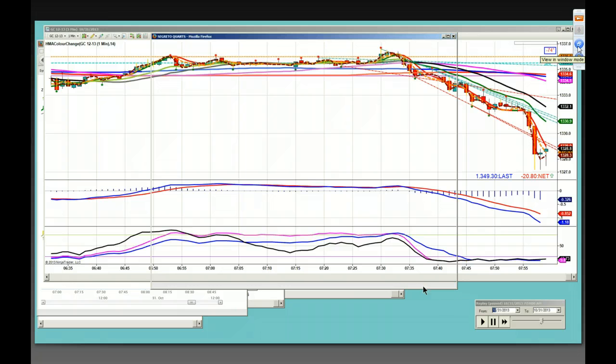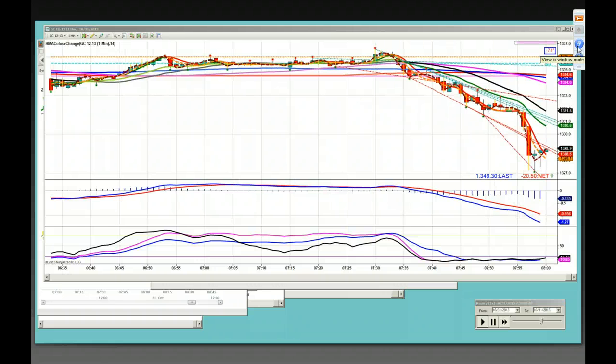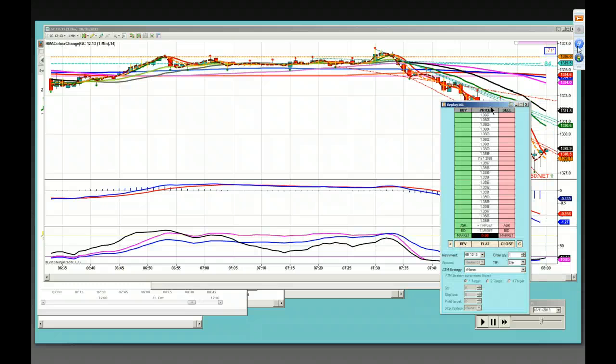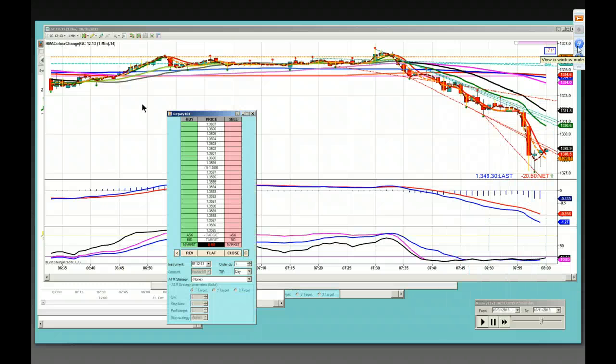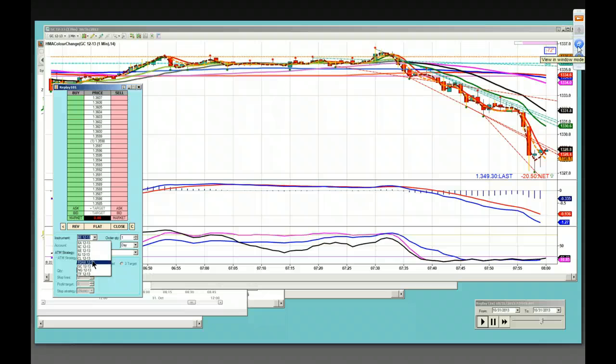Now, what I'm going to look at is I'm going to push play for a second. And I'm just going to bring up the replay box because I'm going to do a typical scalping trade. And then we're going to look at what we can use to define our entry. So as you can see at the moment, our stows are at the bottom at oversold, waiting for that stow 20 to tick up.